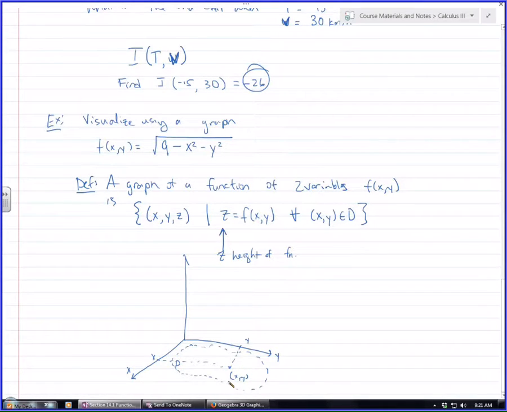That number is going to represent the height of the surface above here. So we're going to have some thing up here where every point over this domain, there is a point on that surface, so that this distance right here, z, is the output of the function.